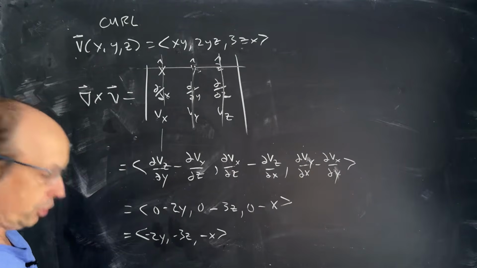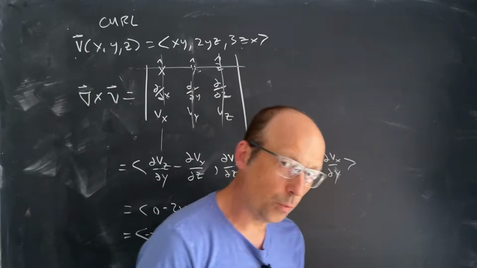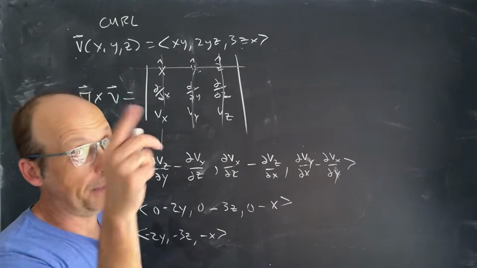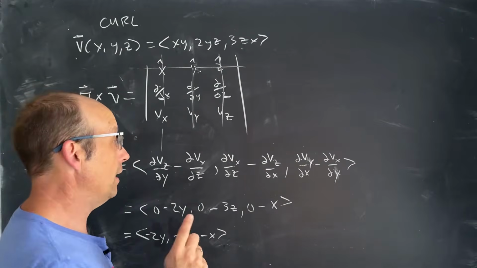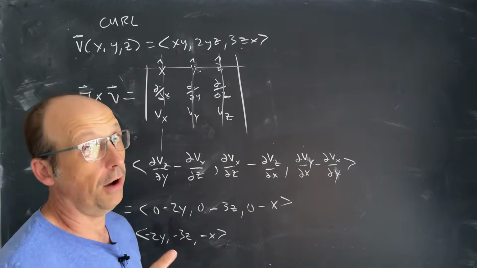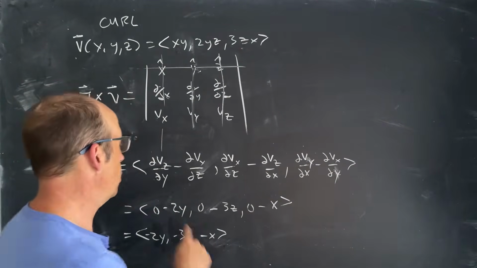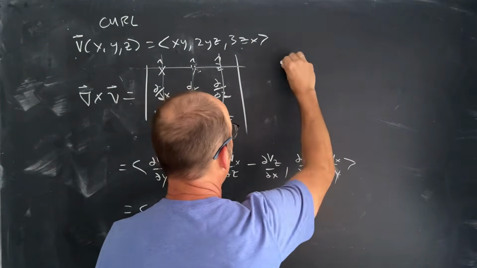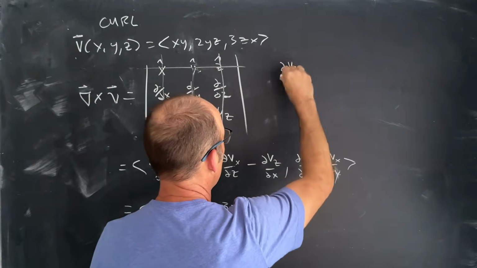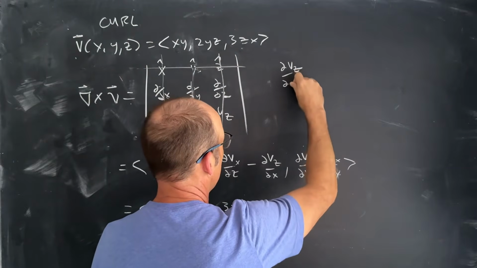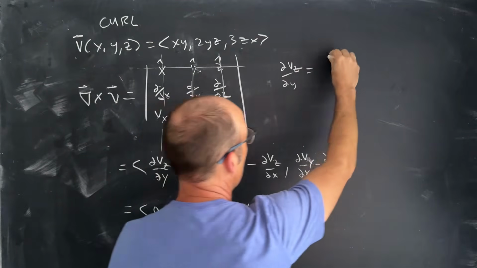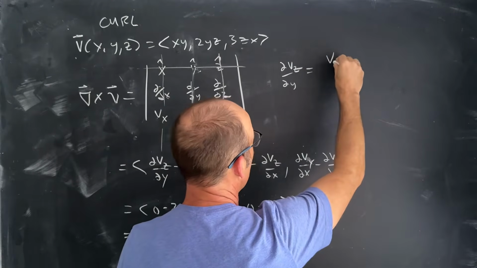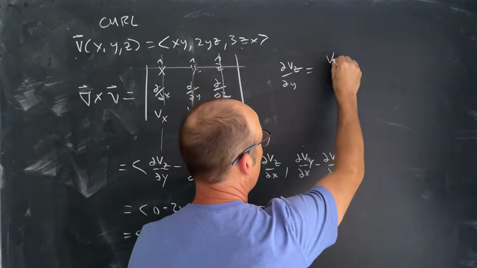Okay, so how do we do this numerically? Remember, in my previous video, I did a partial derivative of a component of a vector. So I'm going to write out the partial of Vz with respect to y. This is going to be equal to Vz, which is the z component of v.